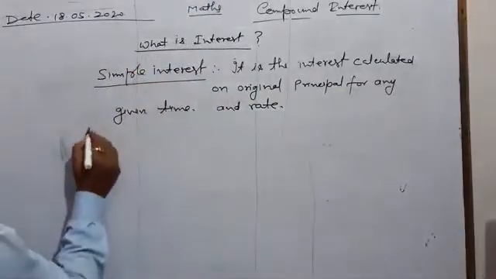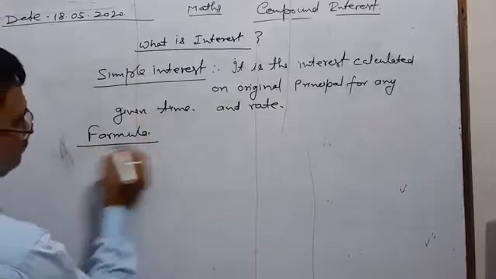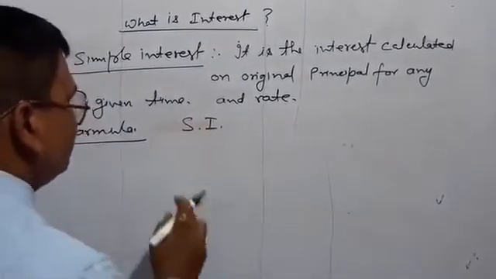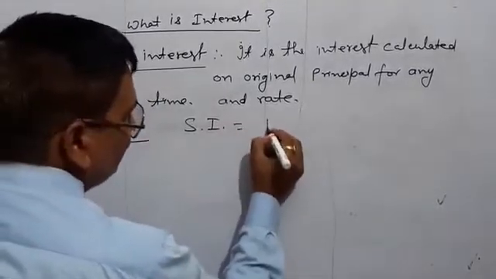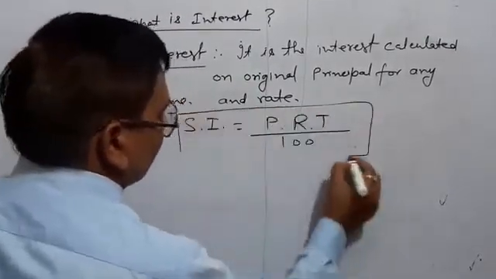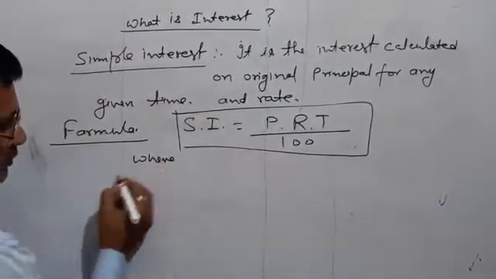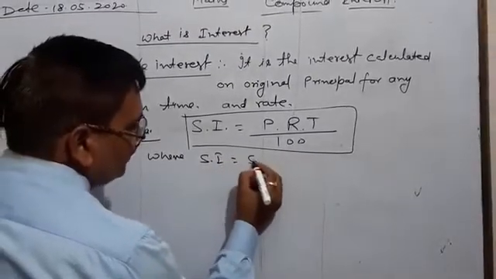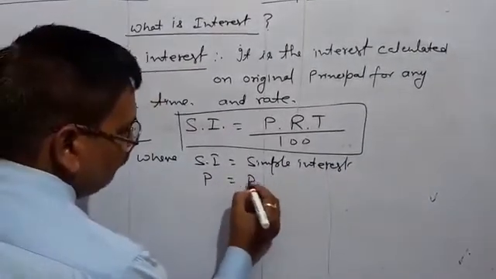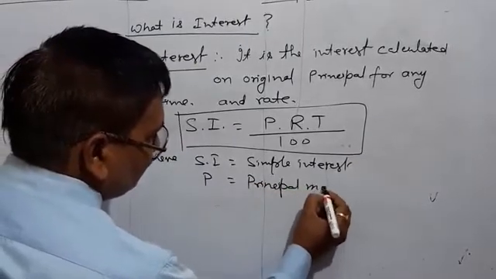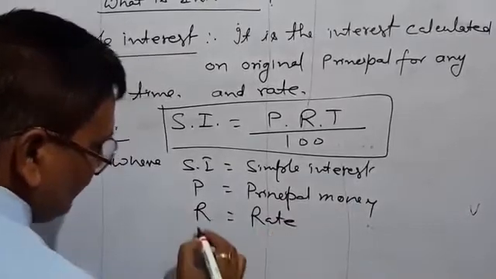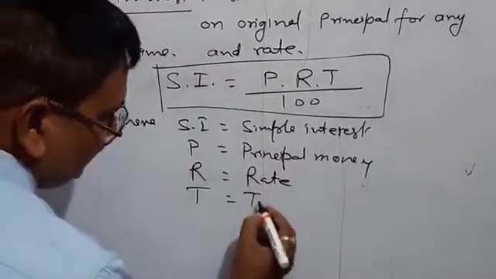Formula of simple interest: simple interest, denoted by SI, is equal to P into R into T upon 100, where SI means simple interest, P means principal money, R means rate, and T means given time.